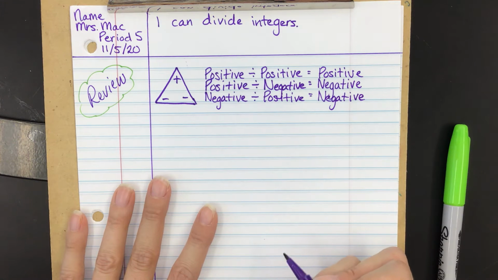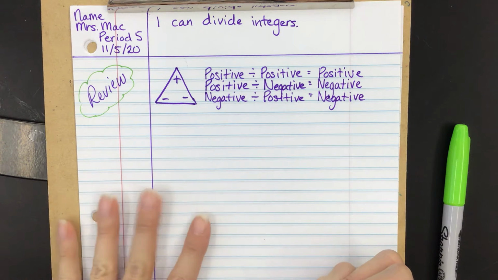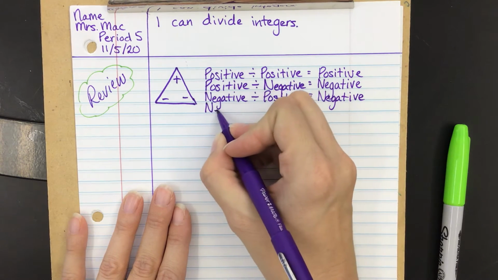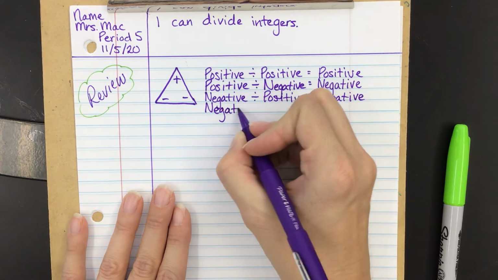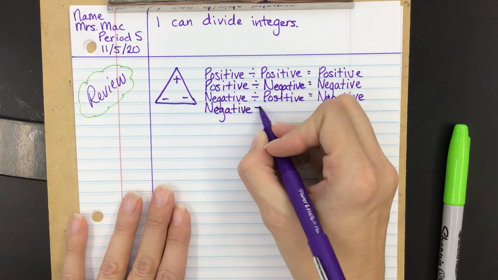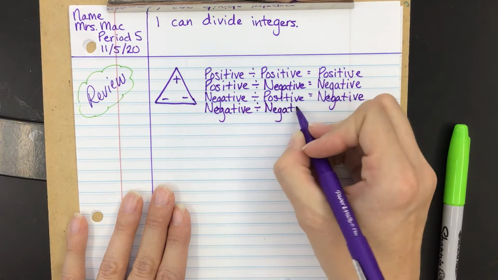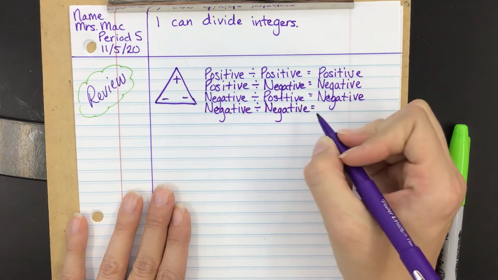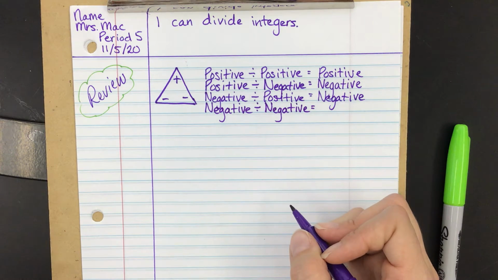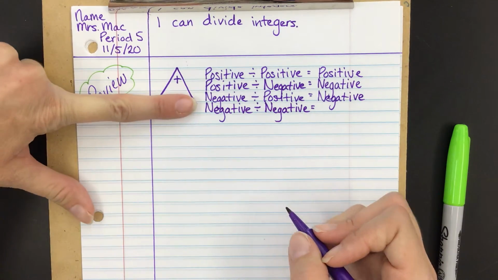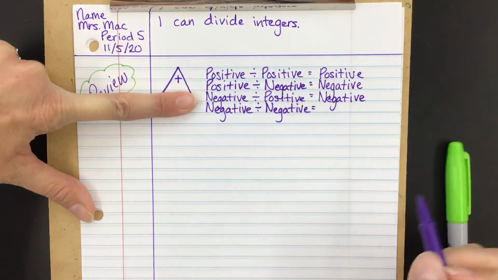And then the last one, last but not least, is a negative divided by a negative. Just like with multiplication, if I cover up my two negatives, my solution will be positive.